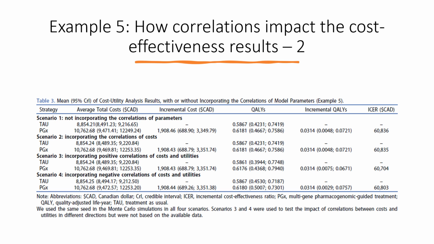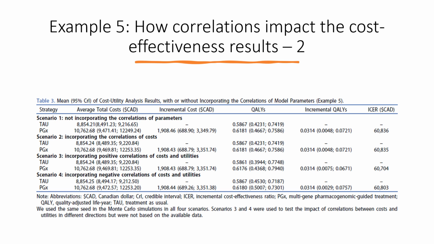The cost-effectiveness results are presented in Table 3. The mean model estimates, total costs, incremental cost, QALY, incremental QALY and incremental cost-effectiveness ratios, were similar across all 4 scenarios. The 95% credible intervals for the costs of usual care and the intervention, and the 95% credible interval for incremental cost in Scenario 2 were slightly wider than those in Scenario 1.